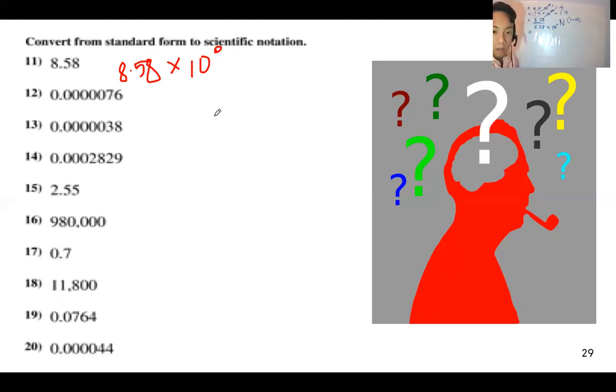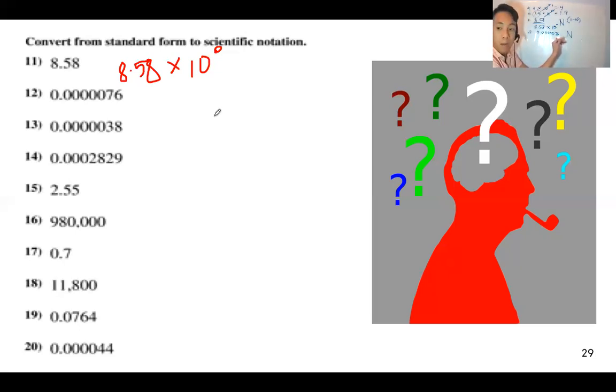Number 12. Our given standard notation, 0.0000076. Diba? So we need to find letter n. Again, n is in between 1 to 10. So, anong hanapin natin dyan? Buong 76 ba? Or 0.76 ba? No, okay? So, we need to put the decimal point here.